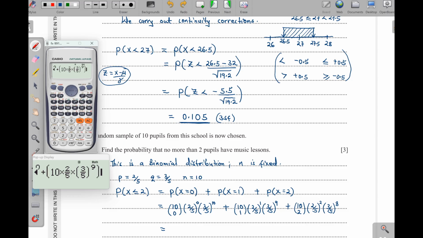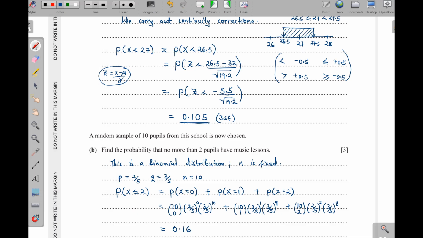Then we go to the next one, 10 combination 2, that will be 10 times 9, 90 divided by 2 is 45, then times 4 out of 25, then times 3 out of 5 to the power of 8. Pardon me, here I'm supposed to multiply. And then we get our answer as 0.167 to 3 significant figures.